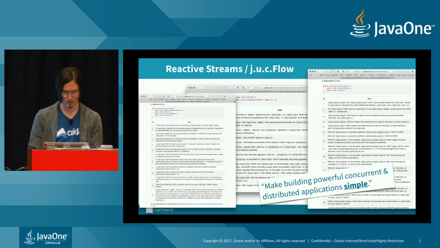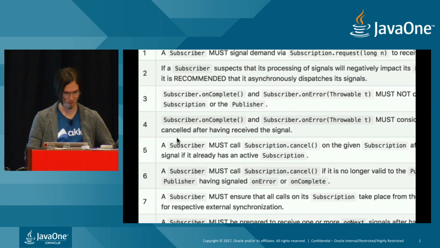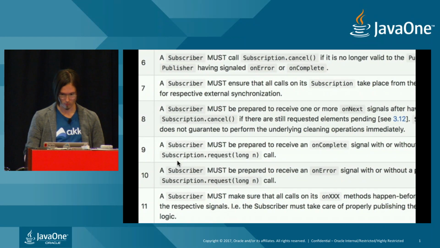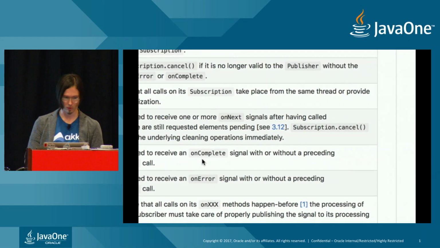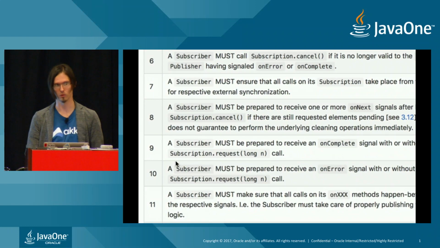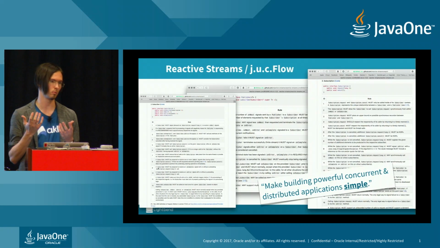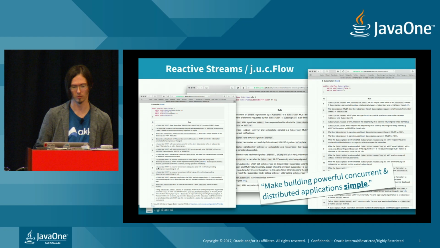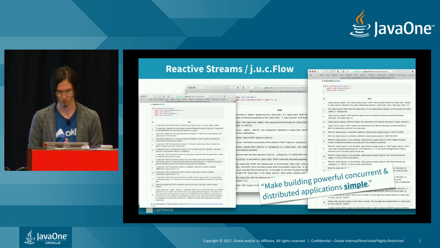That's the spec. I can zoom in on some random rule. For example, a subscriber must be prepared to receive an onComplete signal with or without a preceding request call. So we can complete with an empty stream, for example, right? Seems obvious, but if your implementation assumes there's always going to be a request before a complete signal, well, you would be wrong.